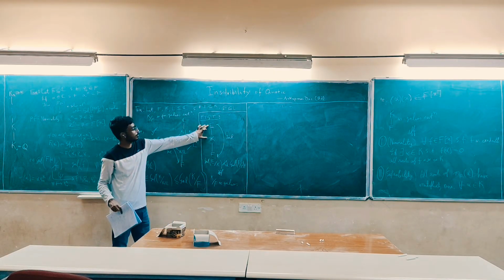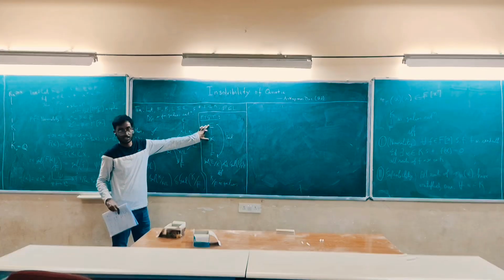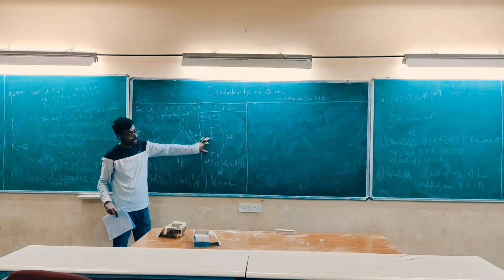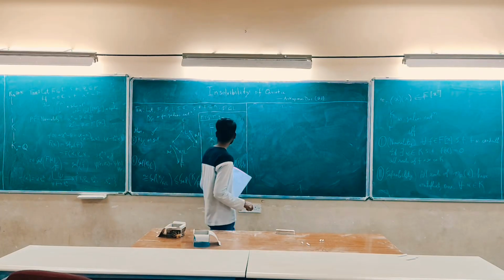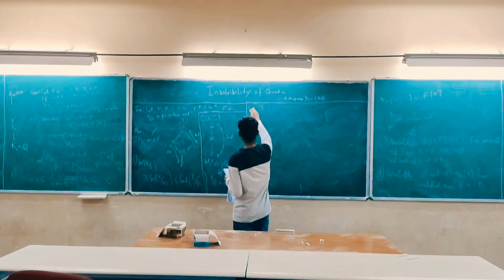So the subgroup corresponding to this is normal if and only if this part is a Galois extension. This was the point that I did not mention, and I will be using this in the proof of the following.